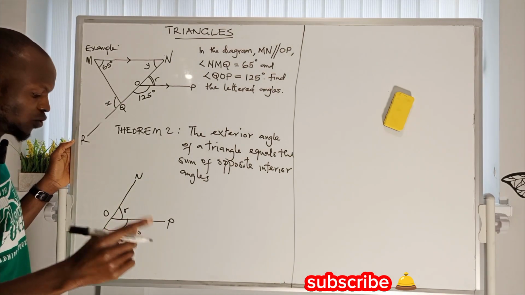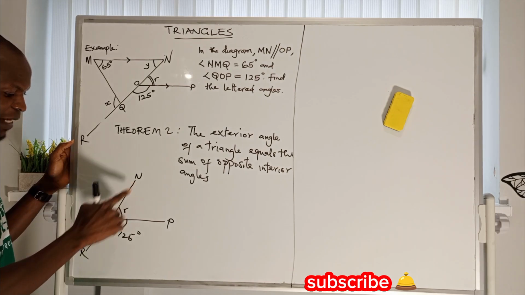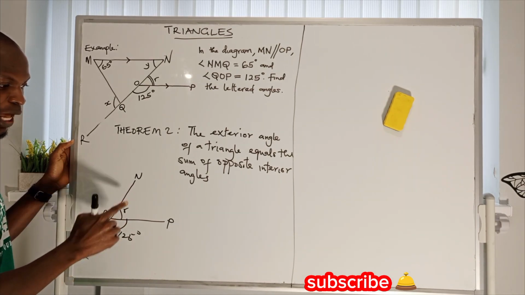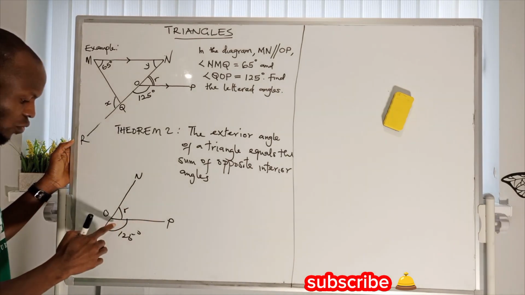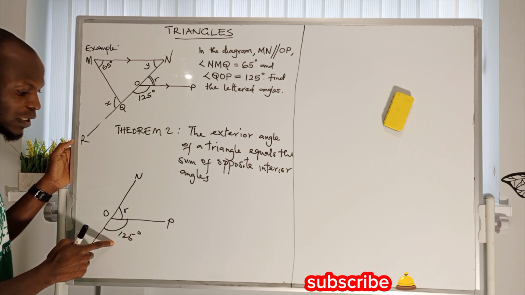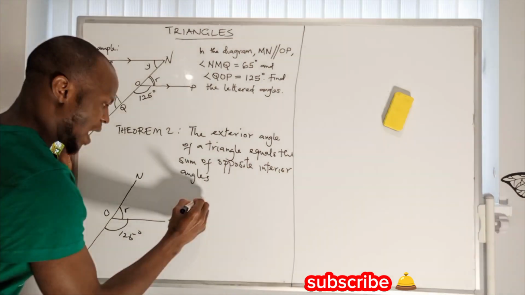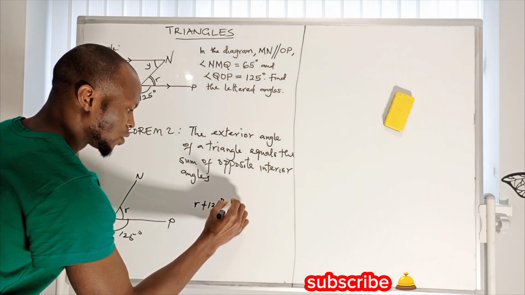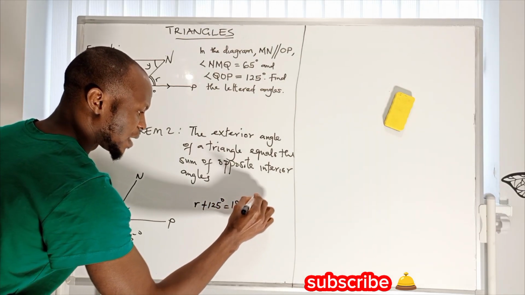In my previous video, we explained angles on a straight line. If I add these two together, it will give me 180 degrees. Automatically, my R plus my 125 degrees will be equal to 180 degrees. Why?